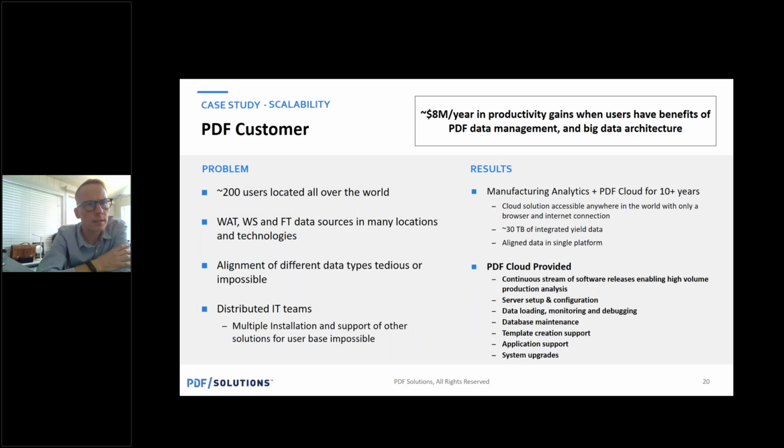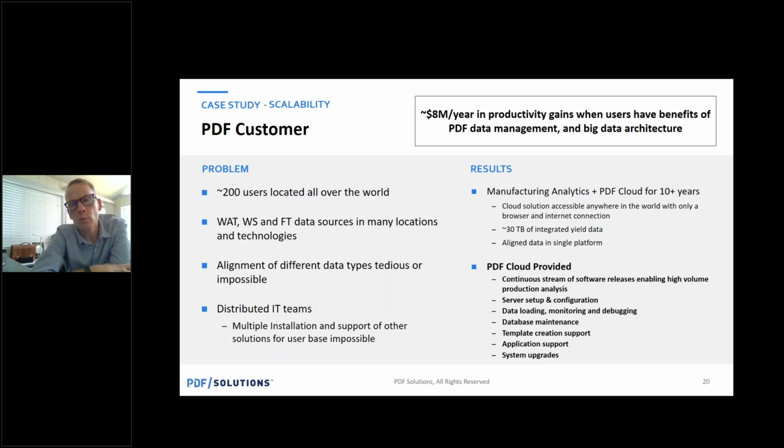So if we take a look at an actual case study then from another customer, if we take a look at the problem statement, this customer has hundreds of users all over the world, typical fabless data sources. Of course, their challenges were around alignment of all of the data, and everybody's global these days, right? Distributed IT teams, multiple silos of data and support resources, right?